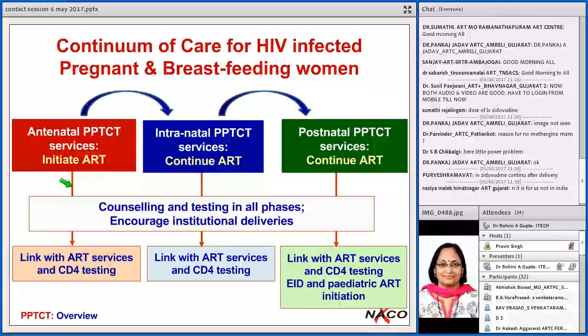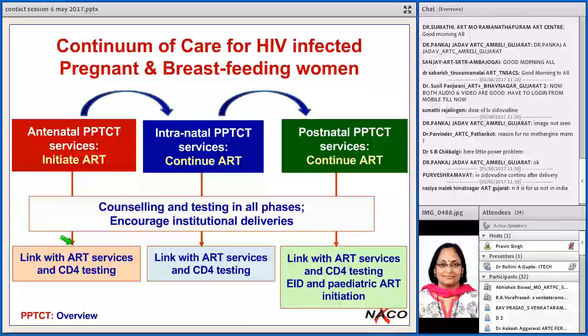Each contact with a pregnant mother needs reinforced counseling, and encourage institutional deliveries, because only then will you be able to start ARV prophylaxis immediately to the baby born to this mother. Link this newly diagnosed HIV infected pregnant mother to the ART center where she is investigated and ART is started.